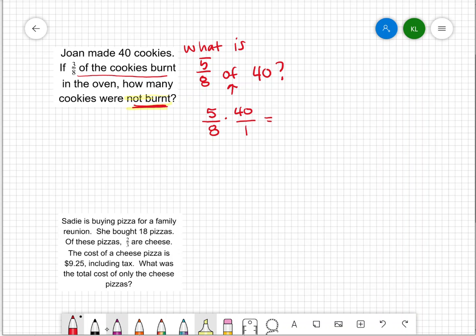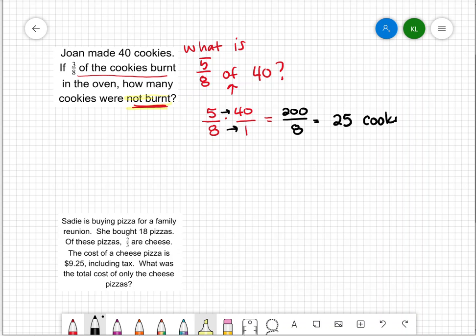One way is we could go across the top, across the bottom, and then simplify. So 40 times 5 is 200. 8 times 1 is 8. And then we now need to simplify. So 200 divided by 8 is 25. So that means 25 cookies did not burn.